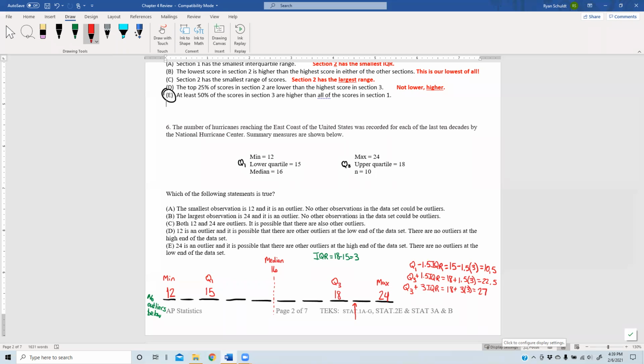So we don't have any extreme outliers, but we do have a mild outlier above.